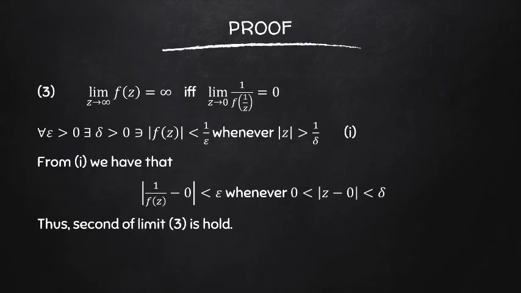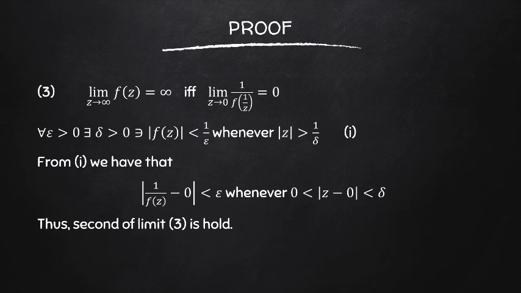For the proof in case 3, the limit as z tends to infinity of function f(z) equals infinity if and only if the limit as z tends to 0 of 1 over f(1/z) is equal to 0. First, we have the definition of the limit. For every epsilon positive, there exists delta positive such that the absolute value of f(z) is greater than 1 over epsilon whenever the absolute value of z is greater than 1 over delta.